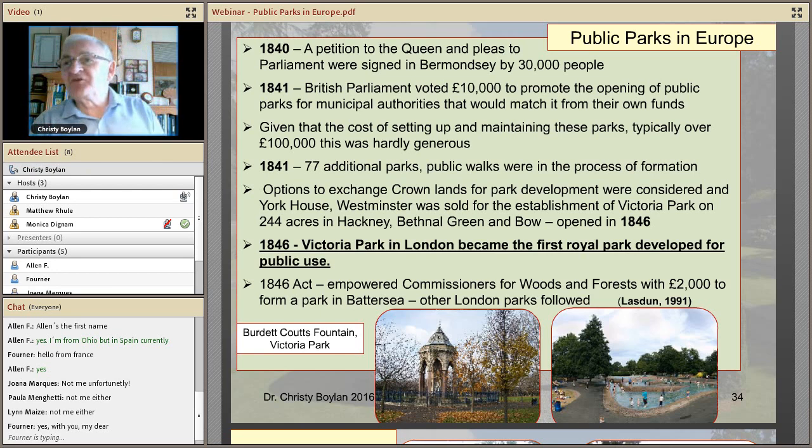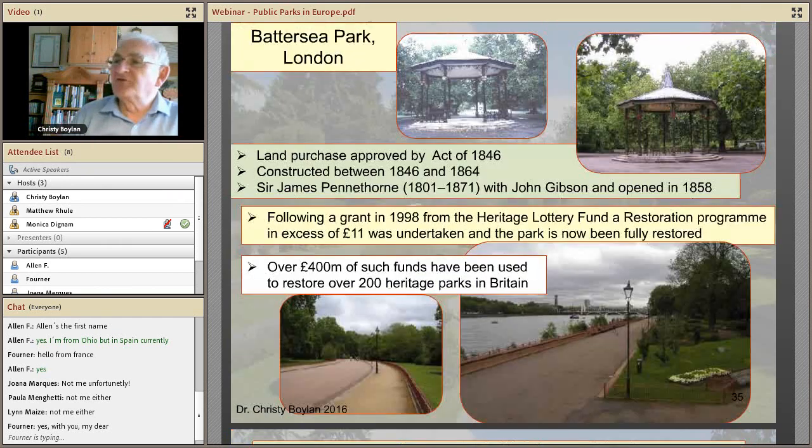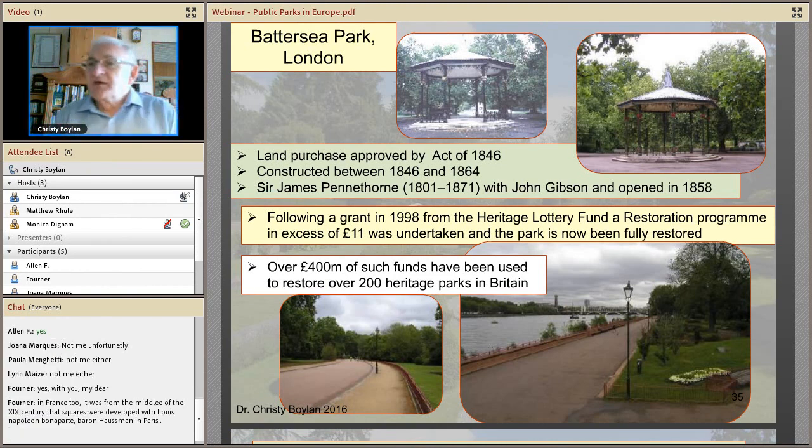Now, they petitioned the Queen in 1840 and pleas to Parliament were signed by 30,000 people. Amazing to get 30,000 people to put a petition together for public parks. It would be difficult to do it even now. In 1841, the British Parliament voted £10,000 to promote the opening of public parks to municipal authorities, and the authorities would have to provide matching funding.